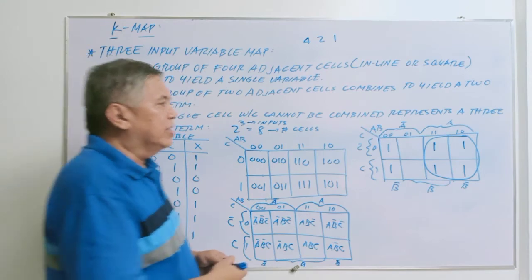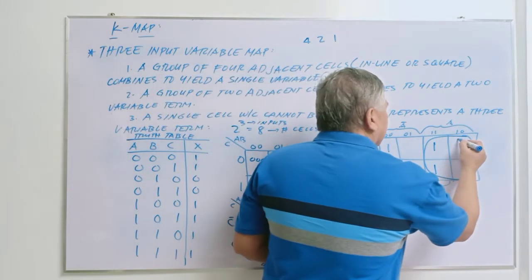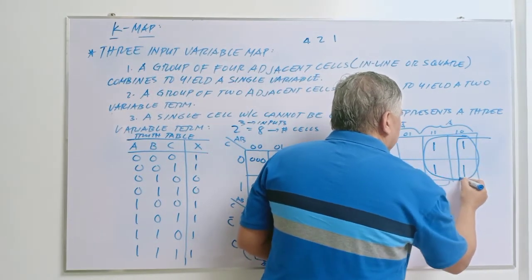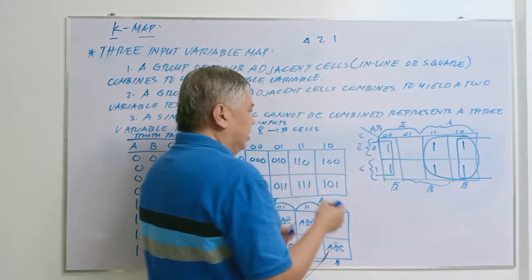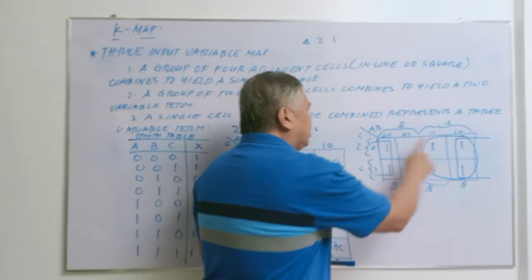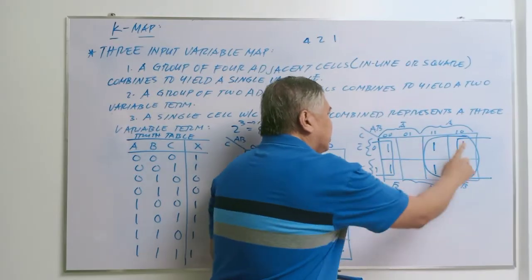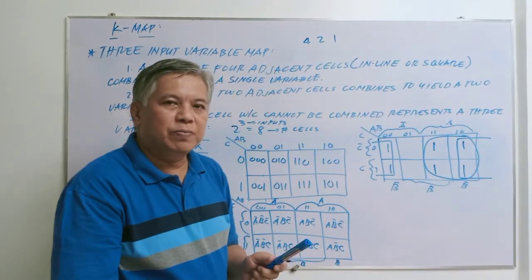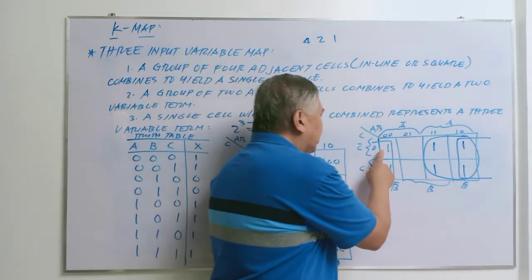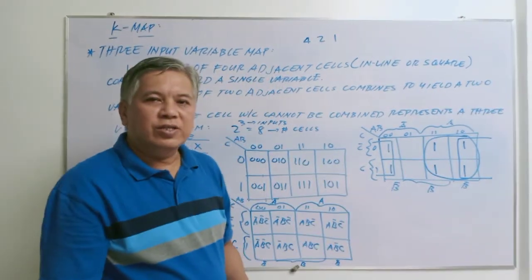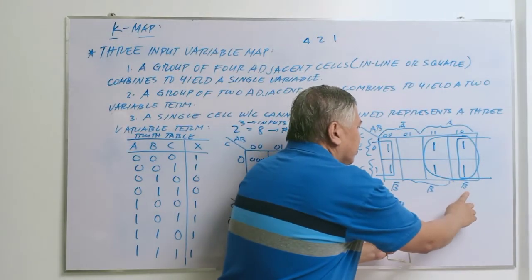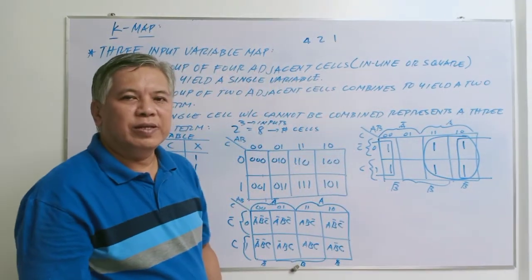Where is that? This particular area, this one and this one. As I said earlier, once you fold this side, just like a paper, the two sides meet. So in other words, they are adjacent and they belong to the complement.